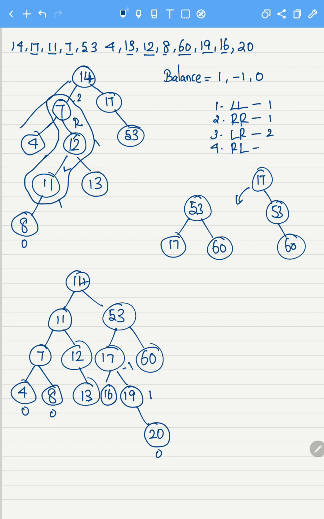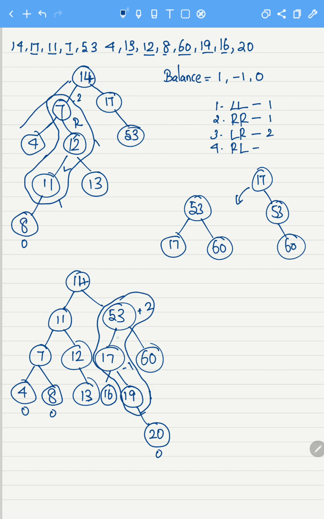The height of 53 will be 1, 2, 3, 3 minus 1, so this will be minus 2, sorry, plus 2. 3 minus 1 will be 2. So here this is the first node which is affected. You have to select the 3 nodes in this direction because you inserted 20 here, and do the rotation.